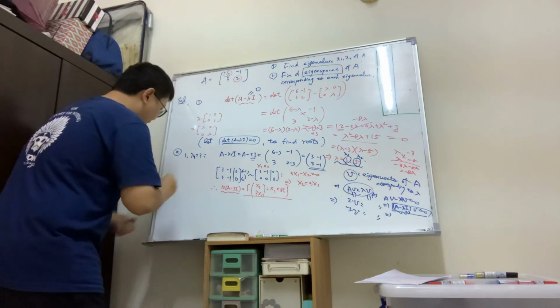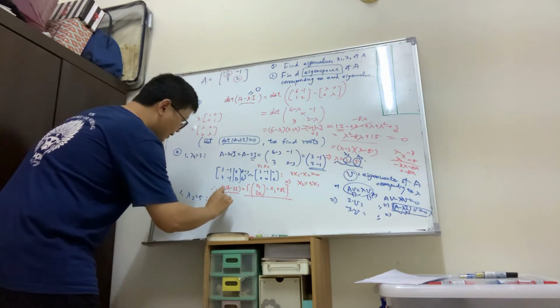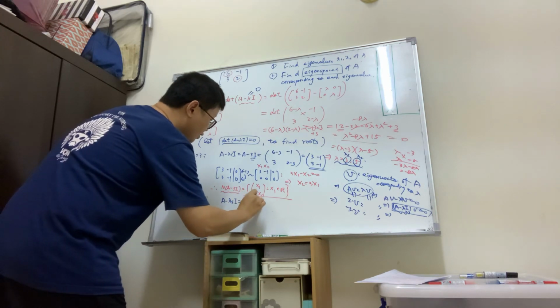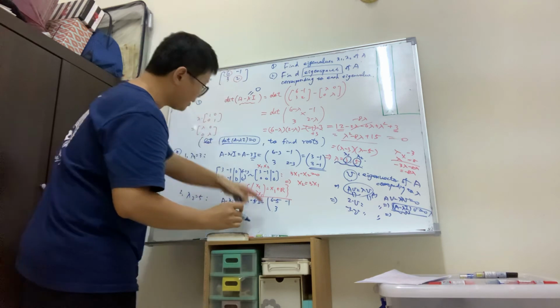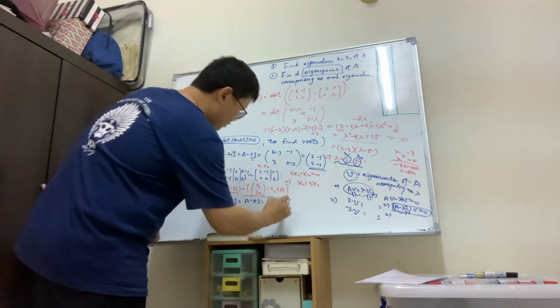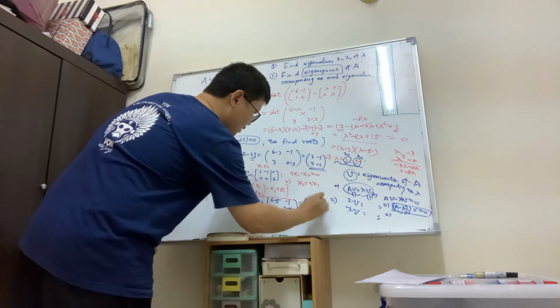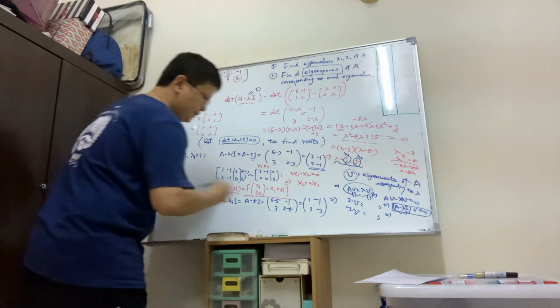And the second one, lambda 2 equals 5. So A minus lambda 2 I, it's A minus 5I. So it's 6 minus 5, negative 1, 3, and on the diagonal we subtract 5: 2 minus 5. So it's 1, negative 1, 3, negative 3.